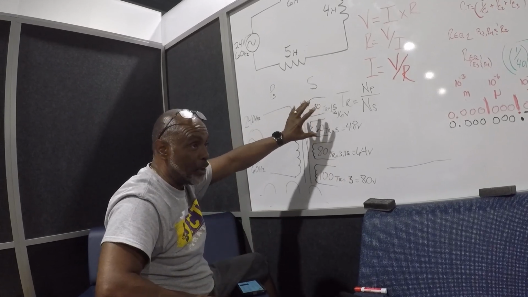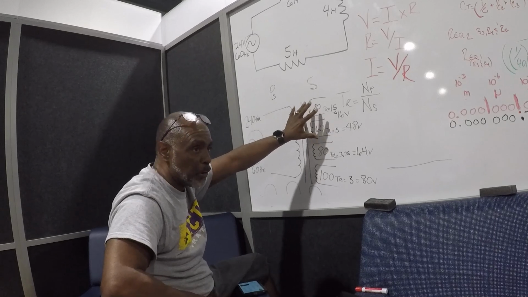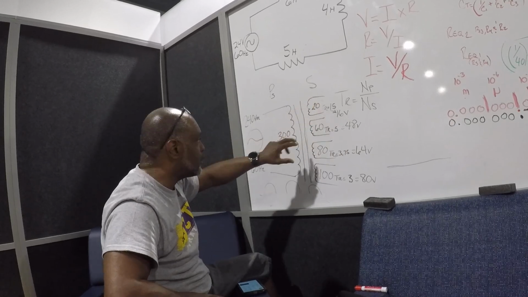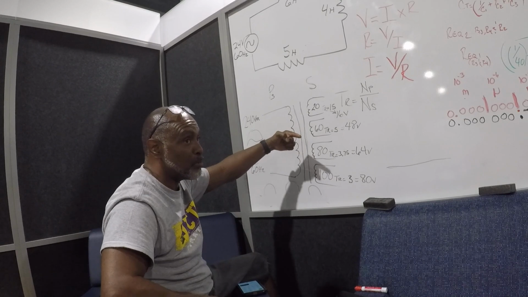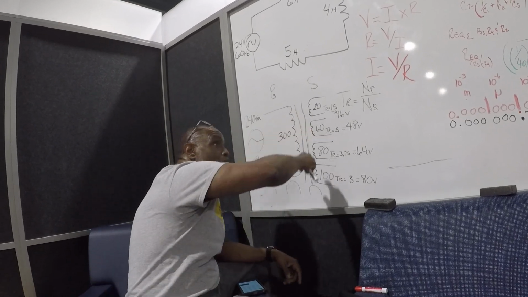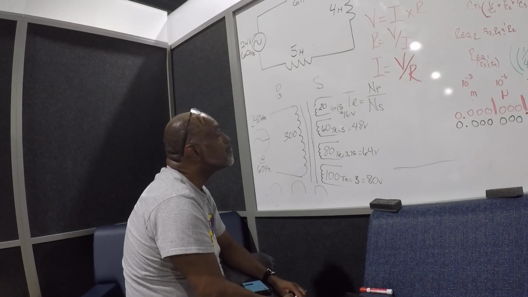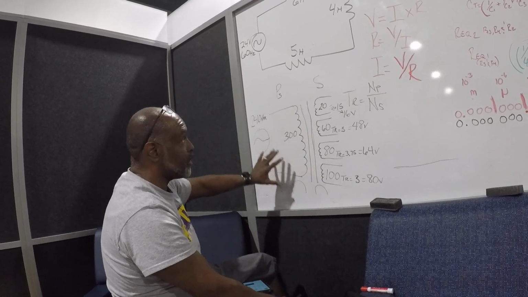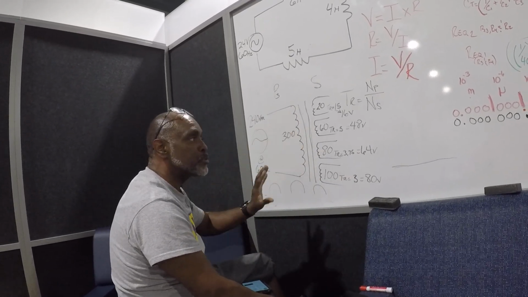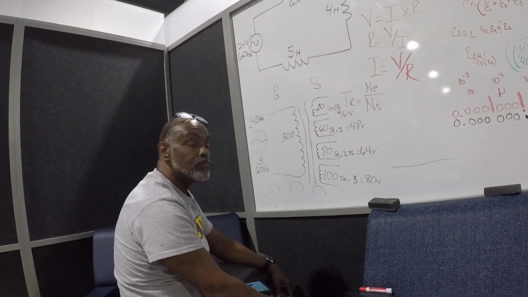Got it. It's much happier with the current that it's creating versus the current that's trying to move through the windings. Okay. But that's awesome. That is pretty much transformers in a nutshell. That's amazing. Thank you.